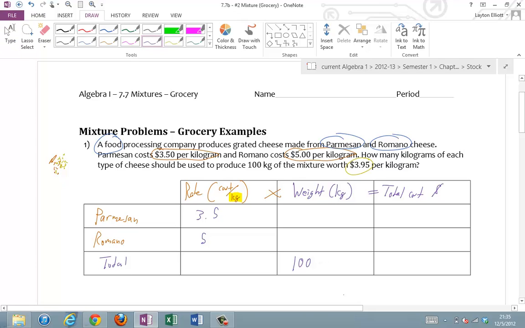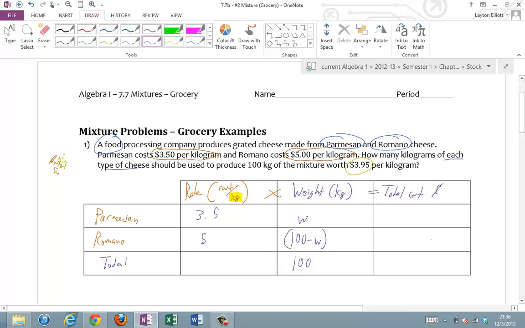I have a total weight, and I don't know what the weight of the rest of them are, so I'm just going to pick the first one as W, and the second one as 100 minus W. It is important that you know that it is the total minus the part when you do the 100 minus W, and also to know that these two could be interchangeable. The question asks how many kilograms of each type of cheese, so we're going to have to answer for each of them anyway. So it doesn't matter which one we pick.